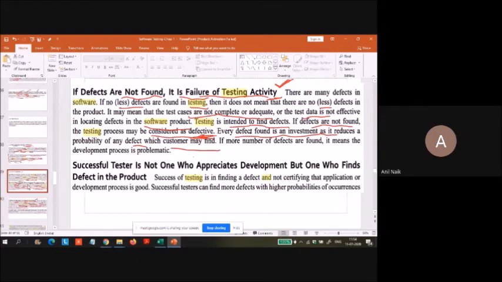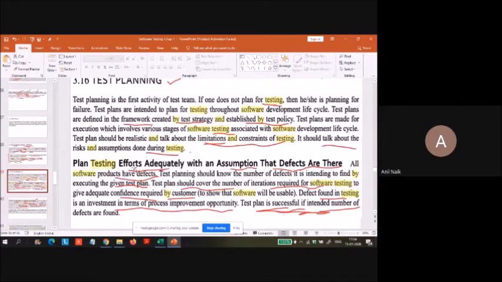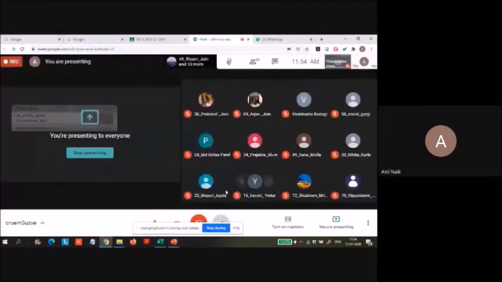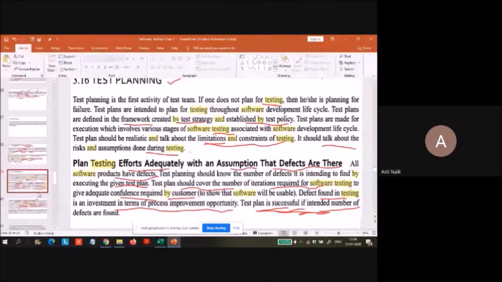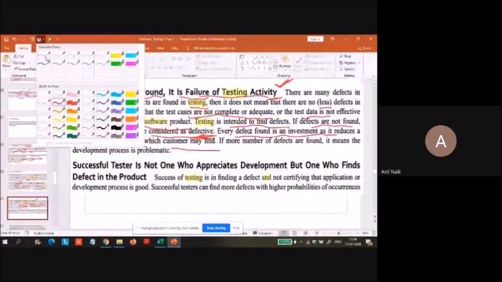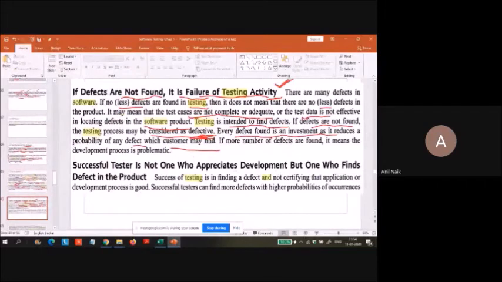So the first point is to plan the testing efforts adequately with the assumption that defects are there, and if you are not finding any defects, it indicates a failure of testing activity.